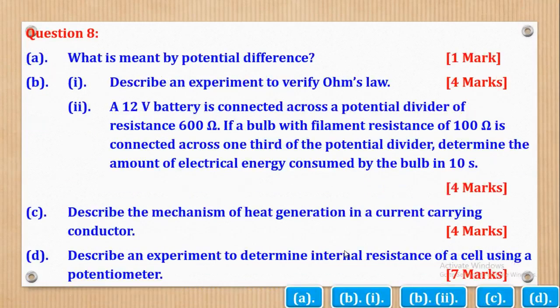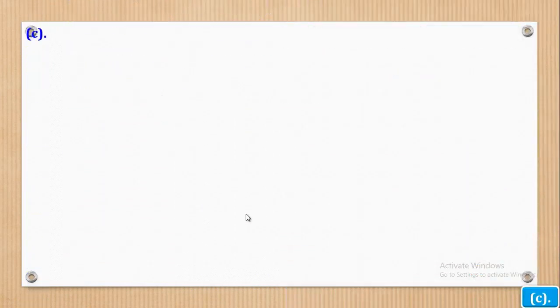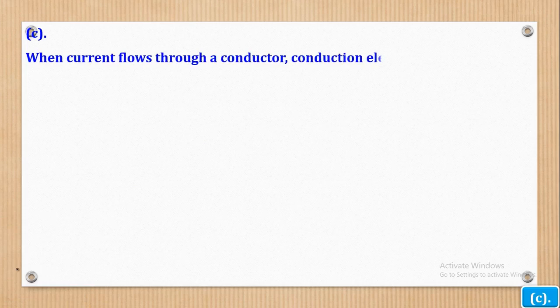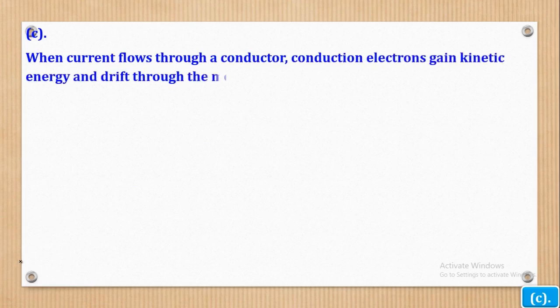So now we shall go to part C. Part C says, describe the mechanism of heat generation in a current carrying conductor. We shall say that when current flows through a conductor, conduction electrons gain kinetic energy and drift through the metal.